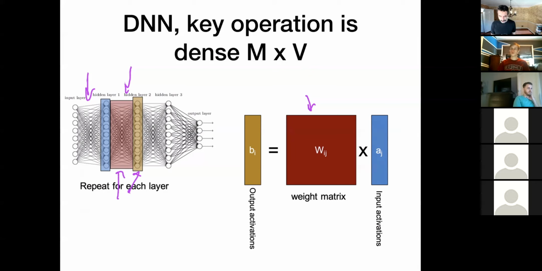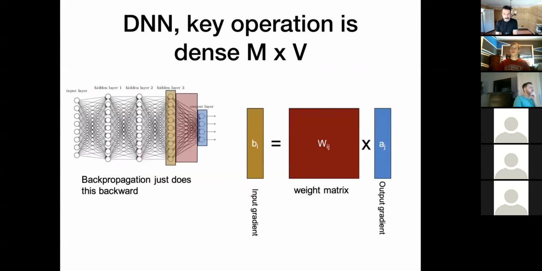And again, you do this expensive dense matrix to vector multiplication to generate your next layer's activation. Okay, so you are really doing a very inefficient operation in that sense.